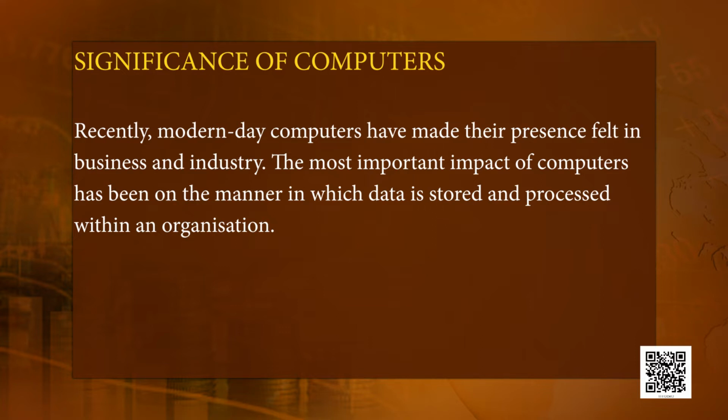The most important impact of computers has been on the manner in which data is stored and processed within an organization. Because in today's world, data is the most important thing for any corporate across this planet.